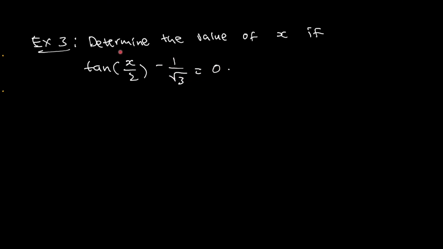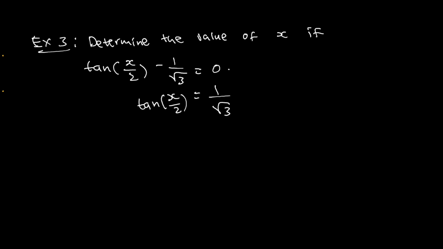Now, we want to determine the value of x, meaning everything else needs to go to the other side. We're going to start with minus 1 over square root of 3. When it crosses to the other side, it becomes positive 1 over square root of 3. And this side we're still left with tan x over 2.